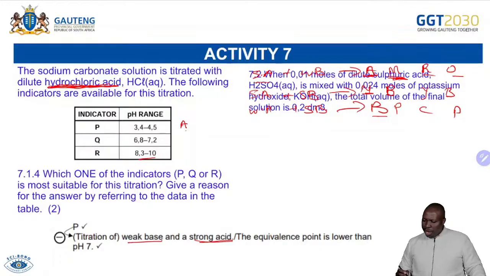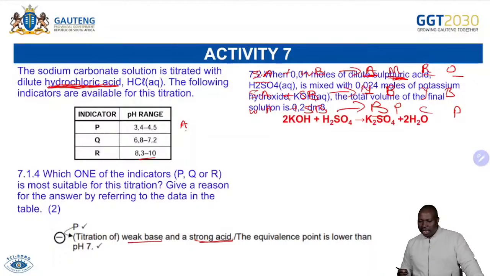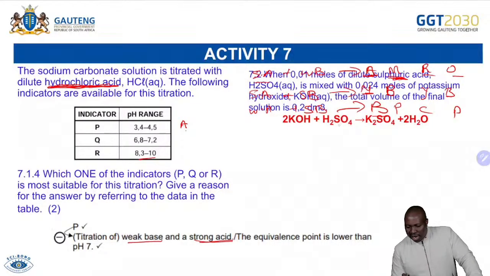And then we have the reaction that I've given there, and the reaction is potassium hydroxide and sulfuric acid to form K2SO4.